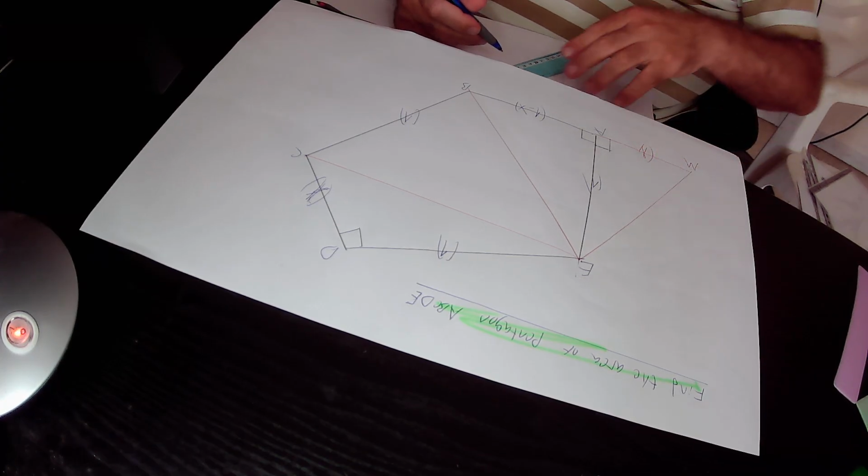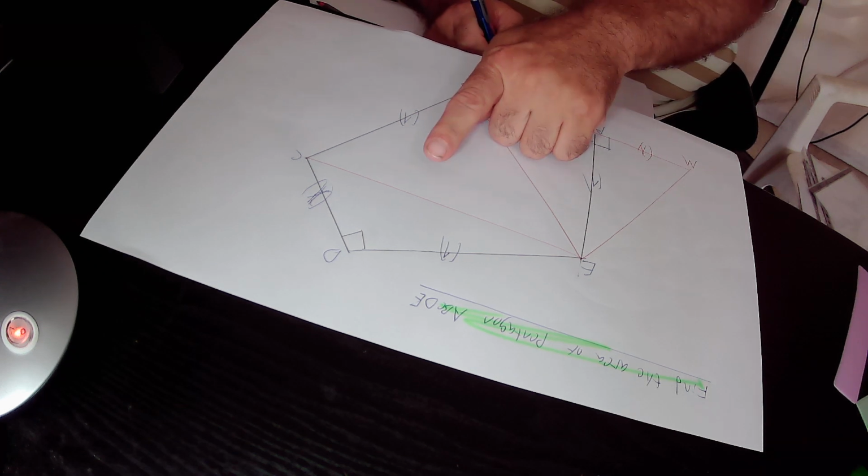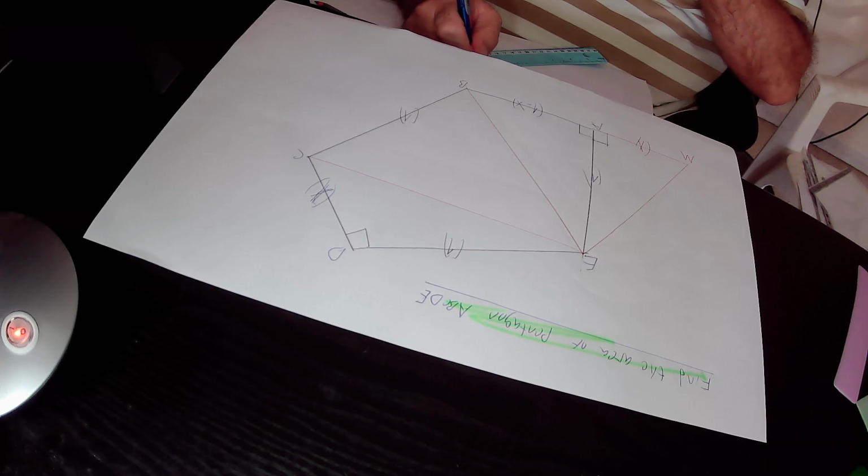This is the right triangle EMA. This is the right triangle CDE.